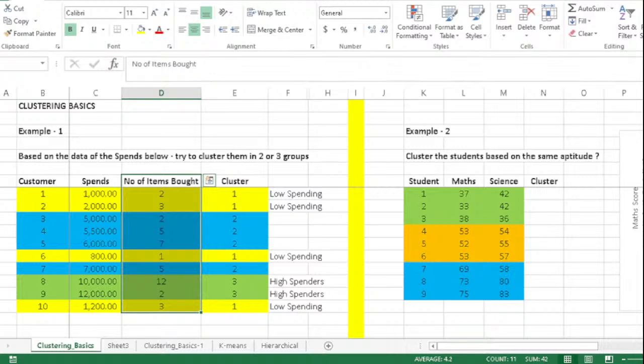Clusters are nothing but groups of observations, or groups of data, that display a similar feature, meaning they are similar in terms of spending habits.